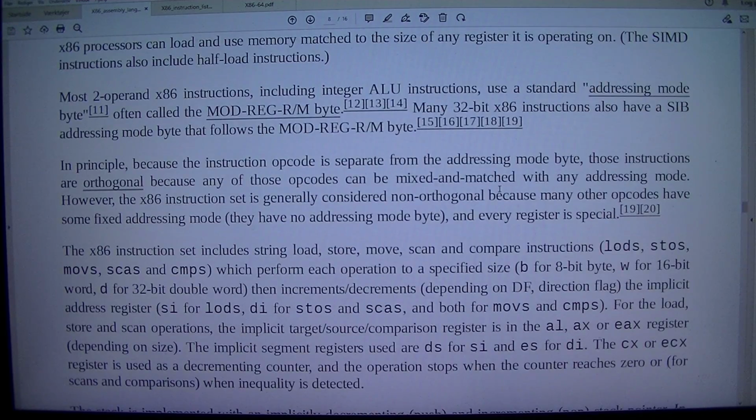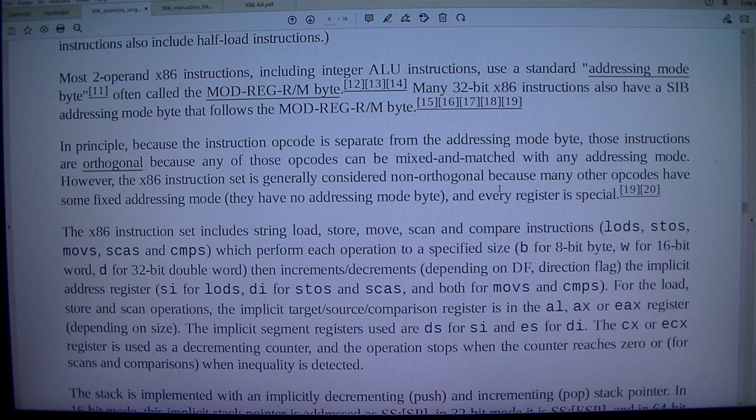Most 2-operand x86 instructions, including integer ALU instructions, use a standard addressing mode byte, often called the ModR/M byte. Many 32-bit x86 instructions also have a SIB addressing mode byte that follows the ModR/M byte.